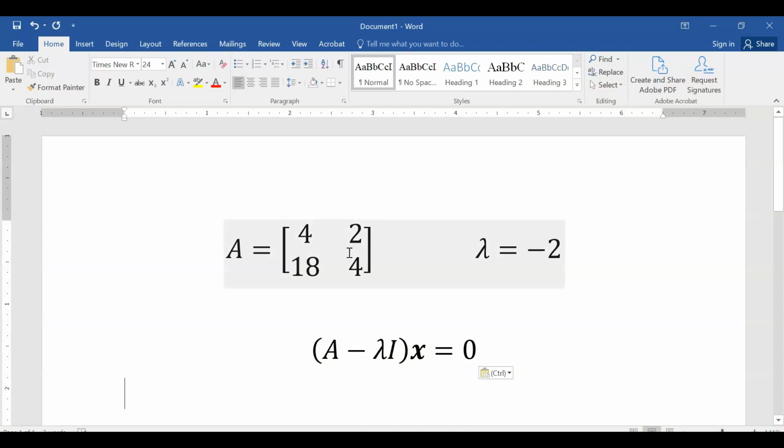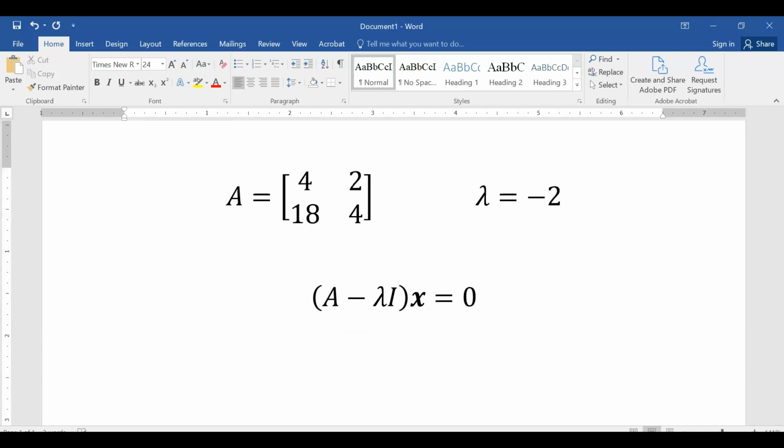We have our matrix. We have our lambda that we're going to check and see if it's an eigenvalue or not. So Ax equals lambda x is equivalent to this equation. We just need to create this matrix, A minus lambda I, and then see if we can find a solution to this homogeneous matrix equation.